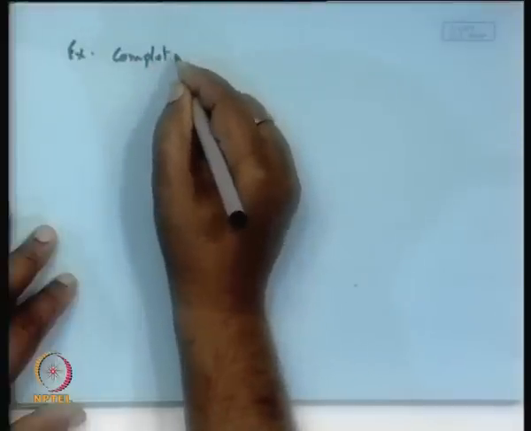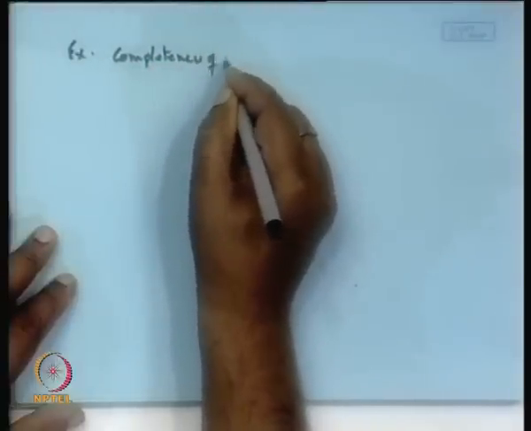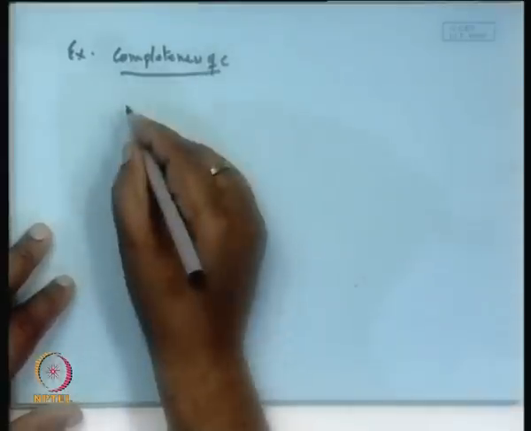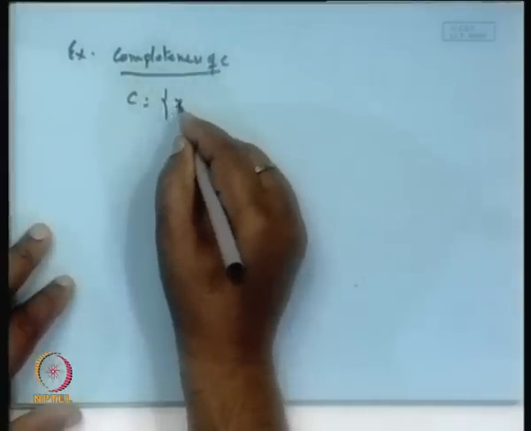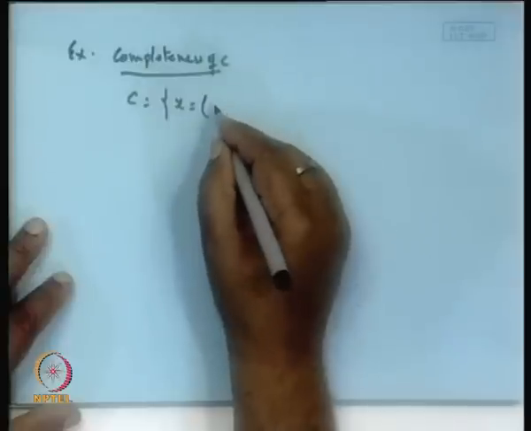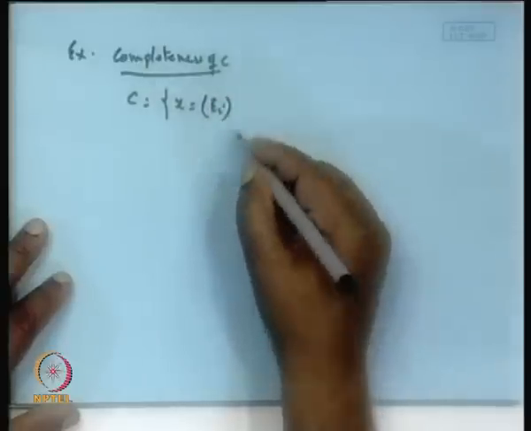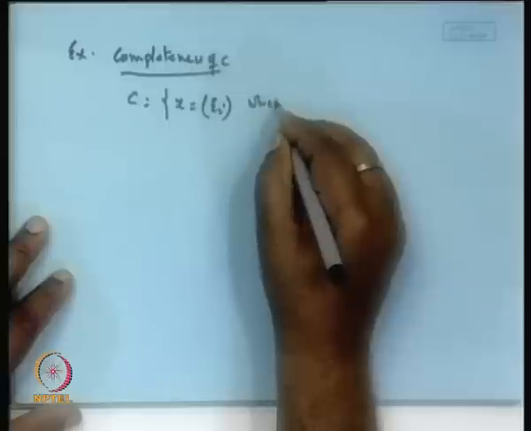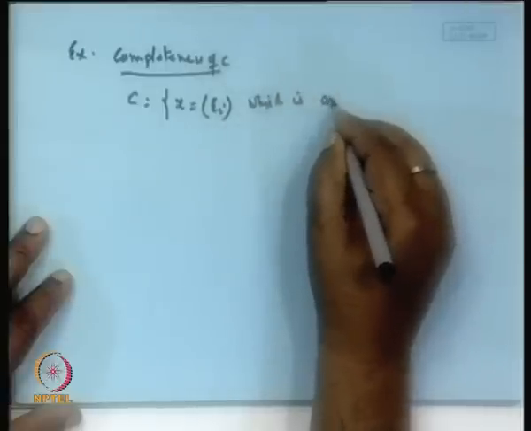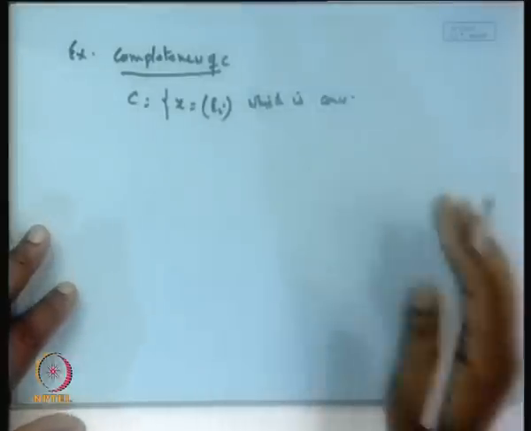Sometimes you have to use different lines of proof to show completeness, and that gives you a simpler method. For example, if we wanted to show completeness of c, what is c? c is the set of all sequences x, say xi_i, which are convergent.